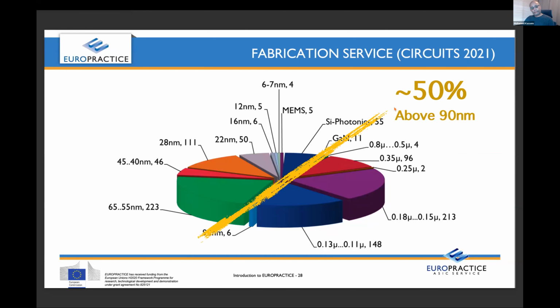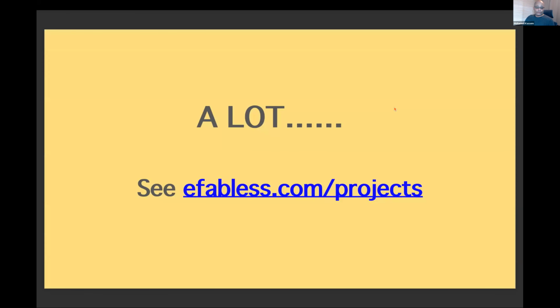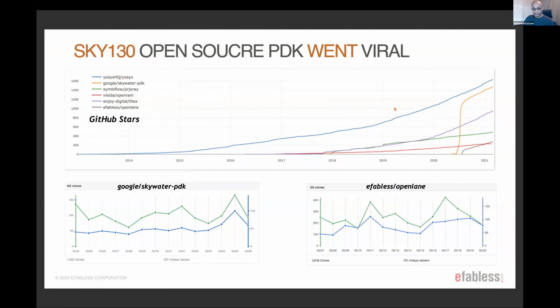You have to look at it with a different lens to see the value of these processes and where they apply in many products. For examples of these, you can just go to efabless.com/projects, and you'll see examples of them.